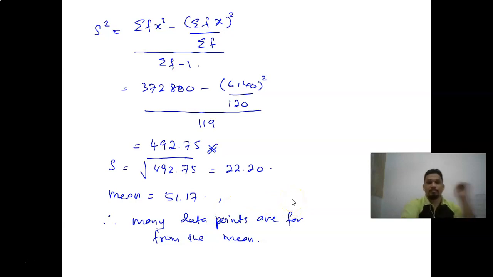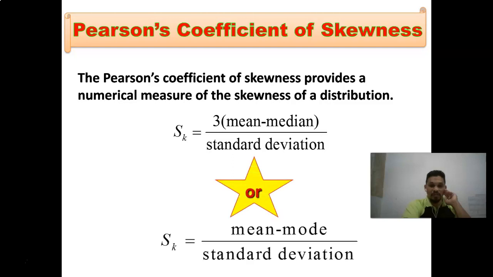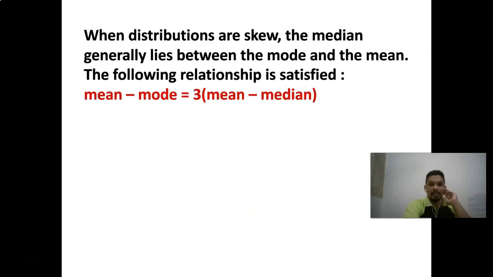Then next, Pearson coefficient of skewness, equal to, with the formula, 3 times mean minus median divided by standard deviation, or mean minus mode divided by standard deviation. When distributions are skewed, the mean generally lies between the mode and median, so the formulation is satisfied.